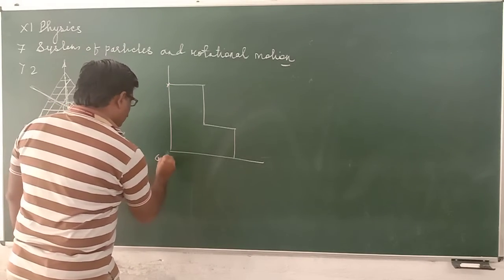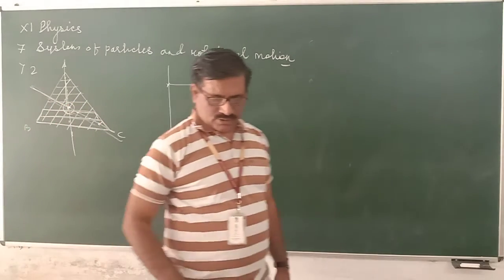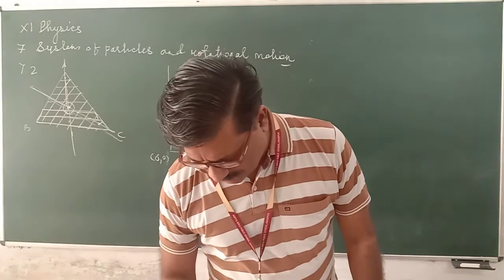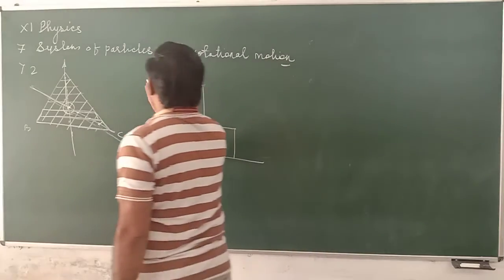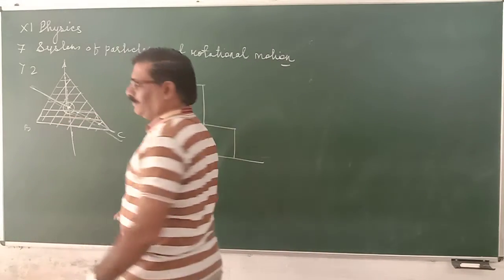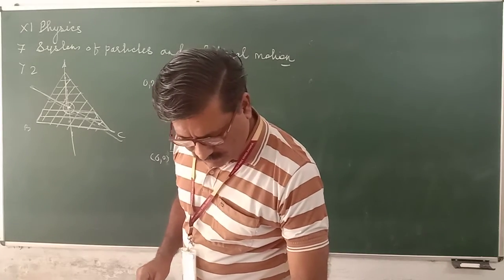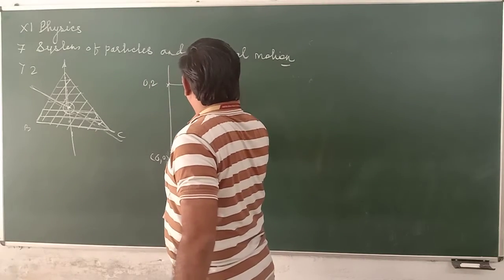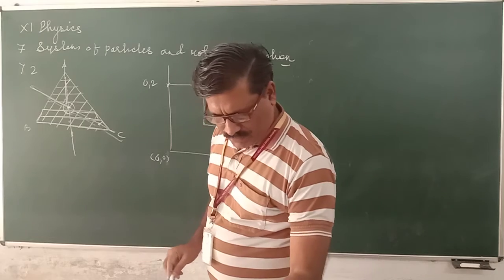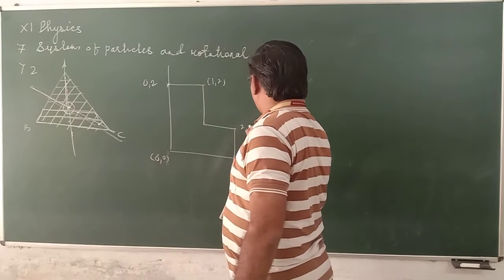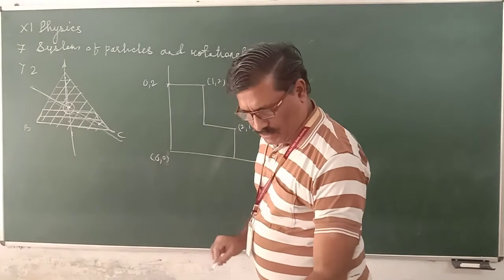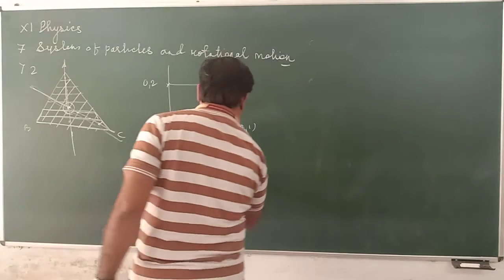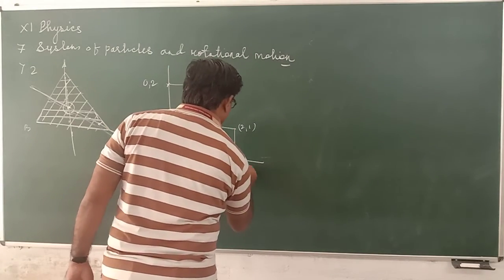This point is (0, 0). Then this is coming as (0, 2). This point is (1, 2), this point is (2, 1), and this point is (2, 0).